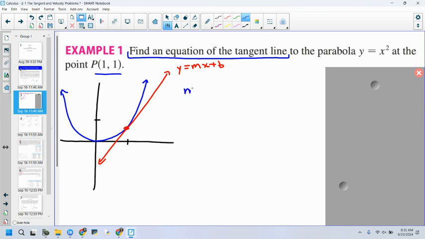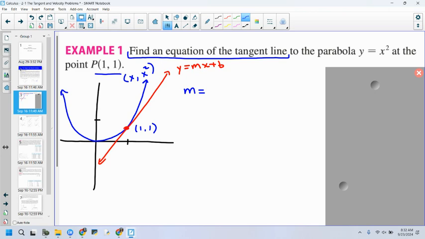So if I wanted to find the slope, what points do we have? We have 1, comma 1, but we also have this curve. Any input would be x, and the output would be x squared. That's just the equation. I input x, I get out x squared. That's any coordinate: 1, comma 1, 2, comma 4, 3, comma 9, 4, comma 16. I'm generalizing it to be any point.